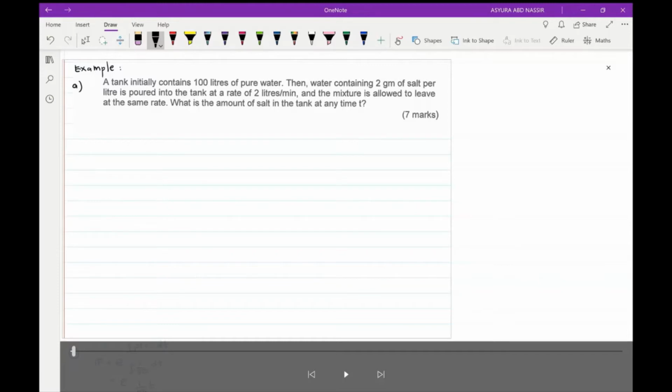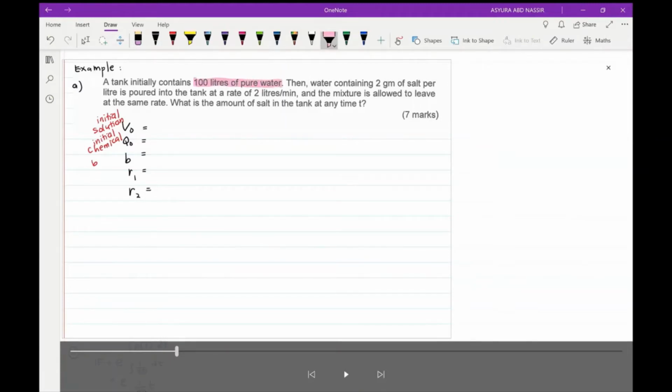Firstly, we have to list out the 5 terms that we need to use in our formulas. The 5 terms we have here are V0, Q0, B, R1 and R2. V0 is the initial solution, and Q0 is the initial chemical in your tank. Here we have 100 liters of pure water.